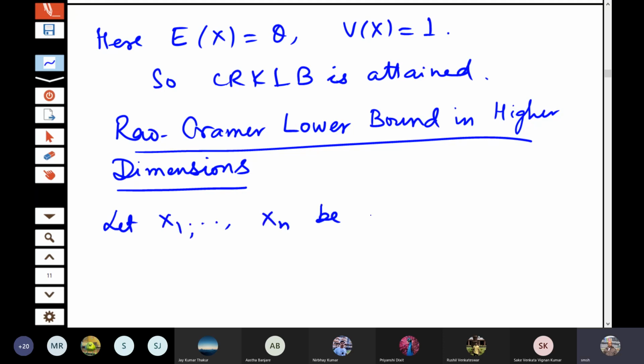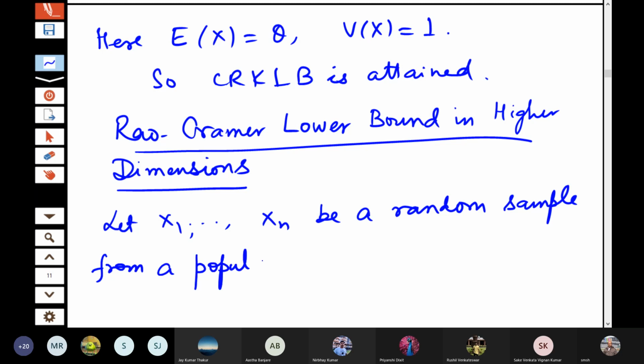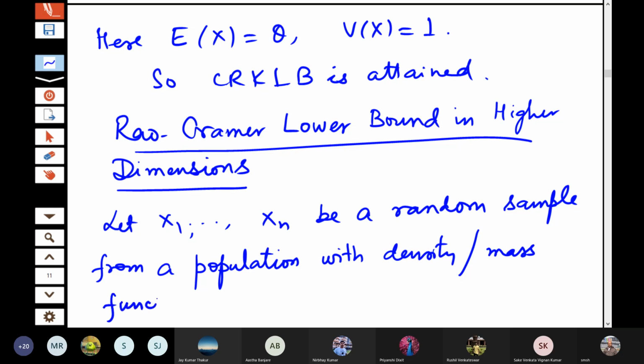So suppose we have a random sample. Now theta I am taking to be a multi-dimensional parameter.